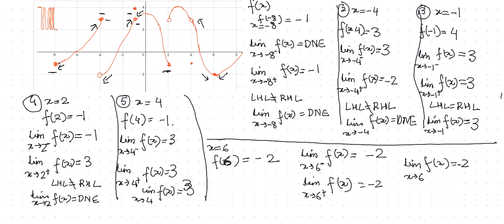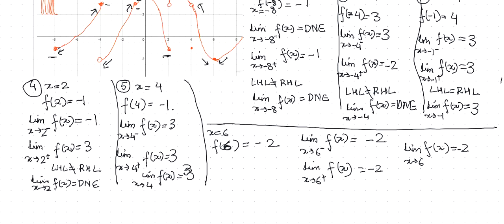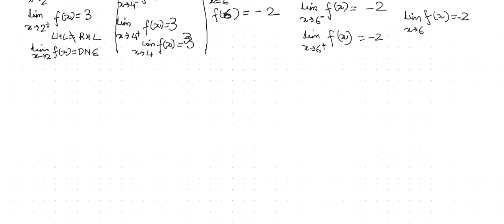So we'll see two other types which could not be included in this graph. So suppose the graph is like this.